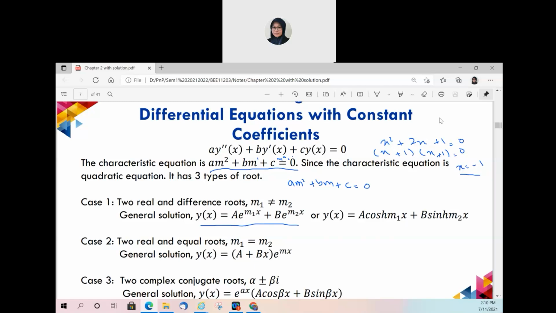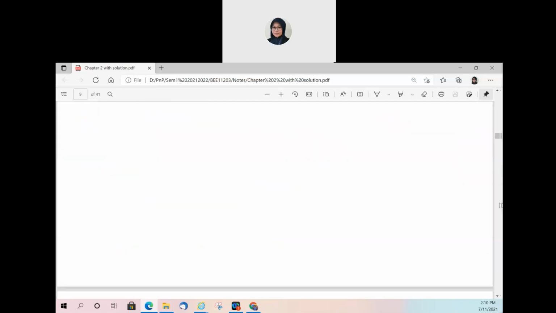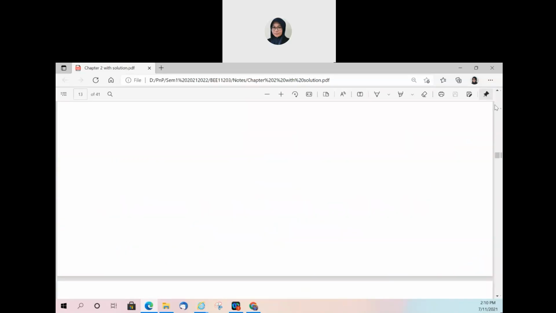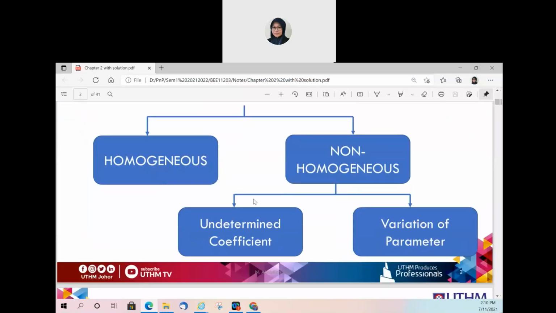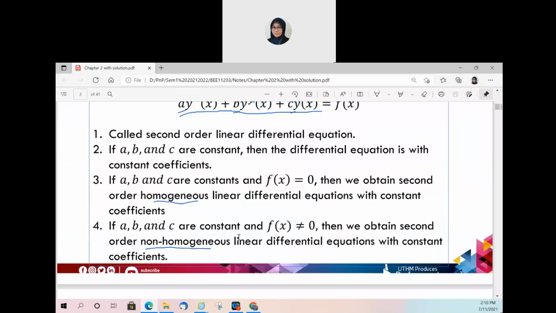Okay, so for second order, last class, kita dah belajar berkenaan dengan homogeneous equation, non-homogeneous untuk undetermined coefficient. Okay, so what is homogeneous?